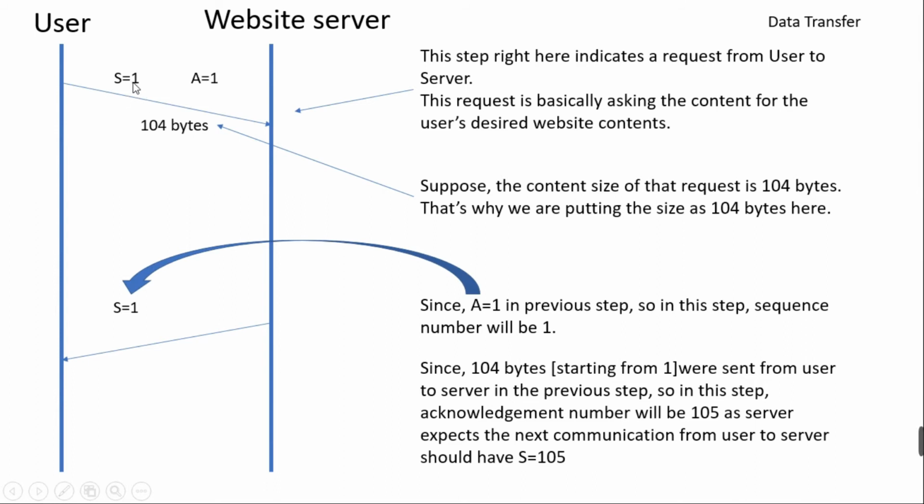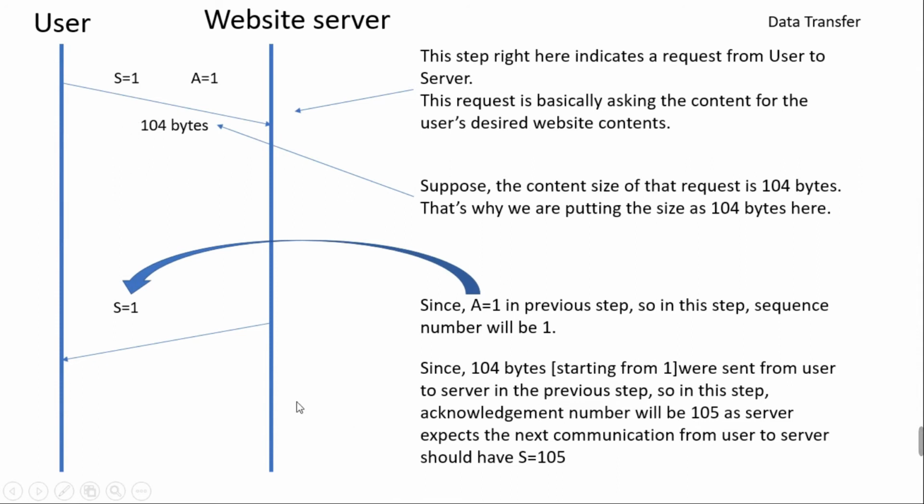So the user requested to the server, and that request transferred 104 bytes starting from byte number 1. Basically the 104th byte was sent to the server at the very last.